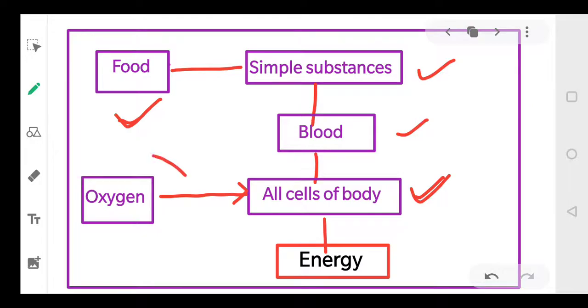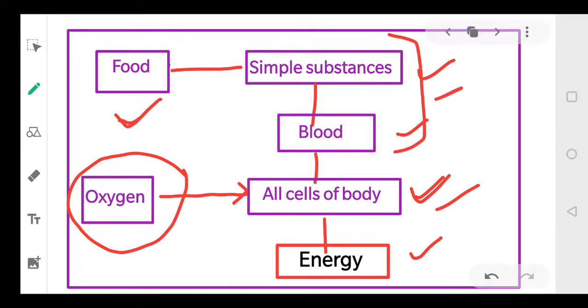Then oxygen is required to burn that food. ठीक है, हमें ऑक्सीजन की ज़रूरत पड़ती है उस खाने को बर्न करने के लिए, so that we can produce energy. This first part we talked about in chapter 16, and this part we'll talk about in chapter number 17.